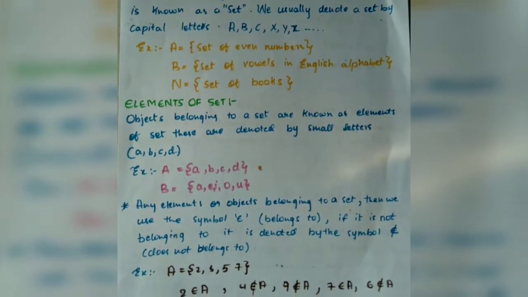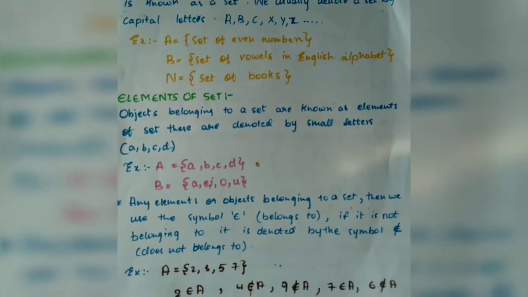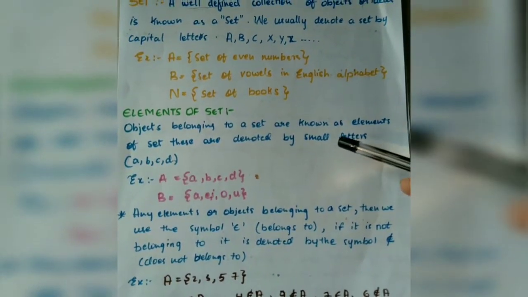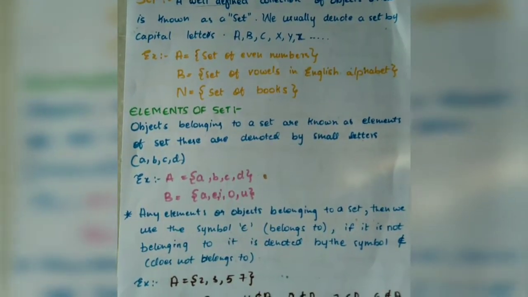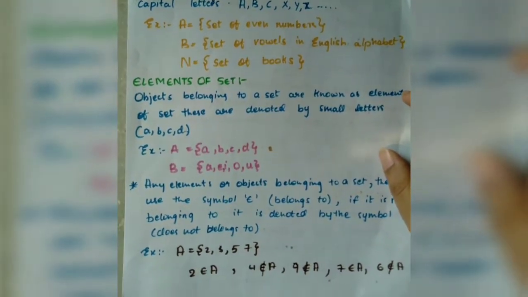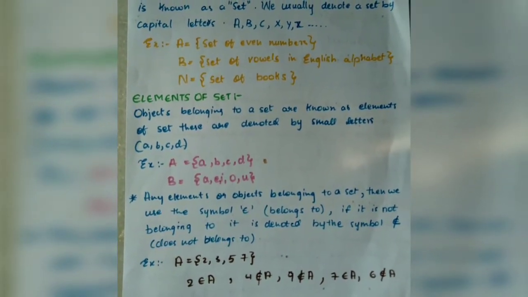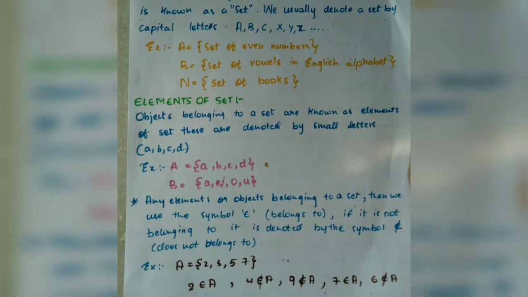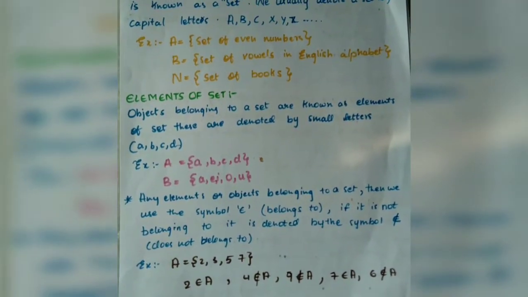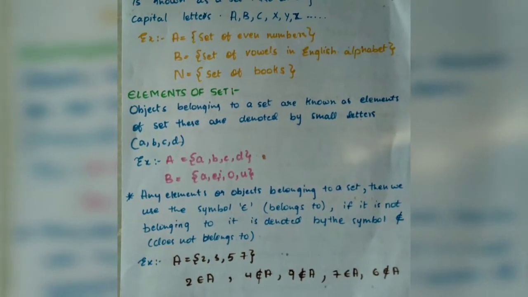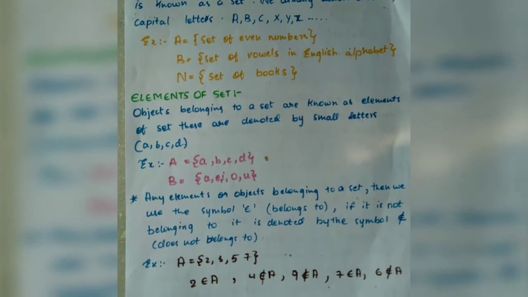Now let's move to the next definition. What is it? Elements of a set. What is meant by elements of a set? Objects belonging to a set are known as elements of the set. These are denoted by small letters, because if we denote them with capital letters, we'll be confused.